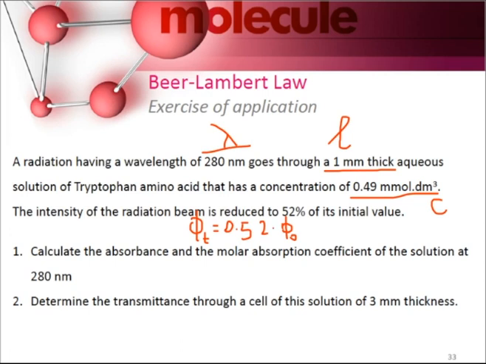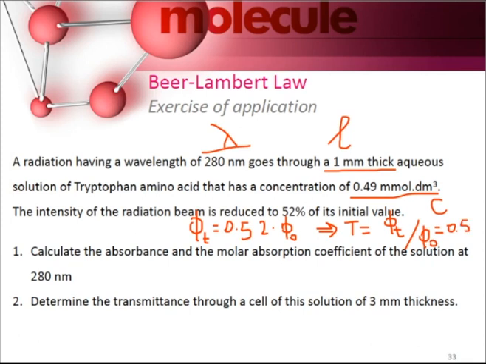Okay? Then from this we can get to T, which is the transmission. T is phi T over phi 0. This is what we've seen before, which is actually going to be 52%, or 0.52. So we have the transmission, which means we can get to what?